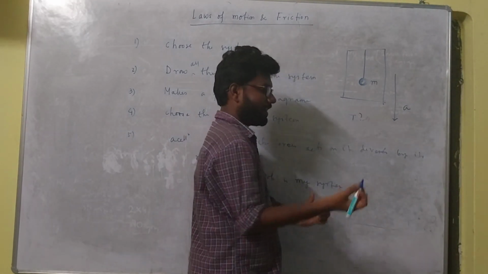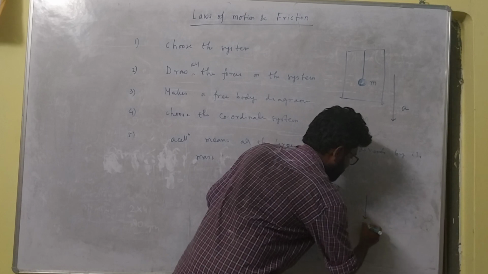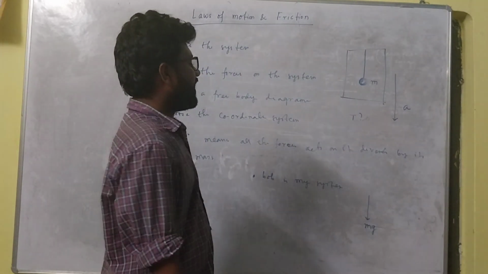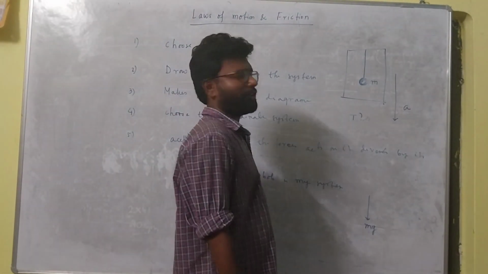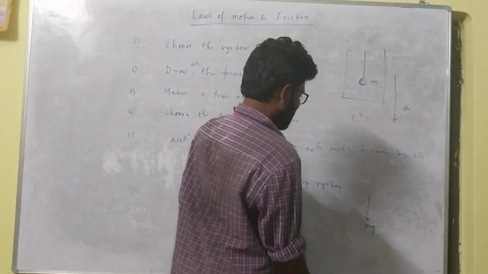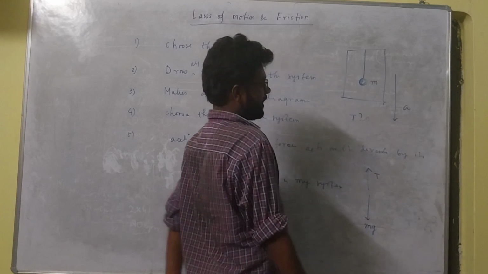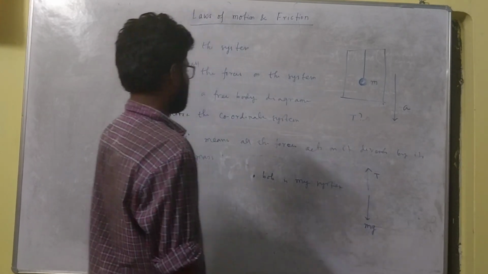Of course the gravitational force mg acts downward on the block. And all of you know from your previous class, the tensional force pulls up. So it's the tension T. So these are the forces, T and mg.